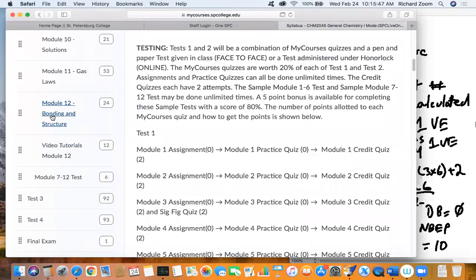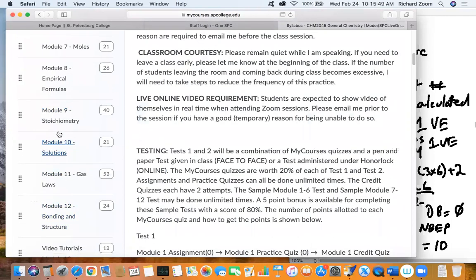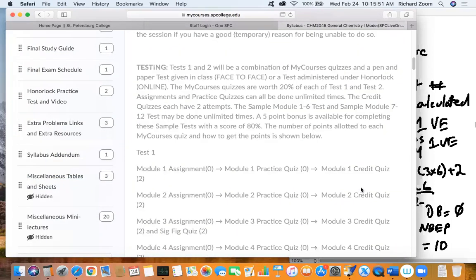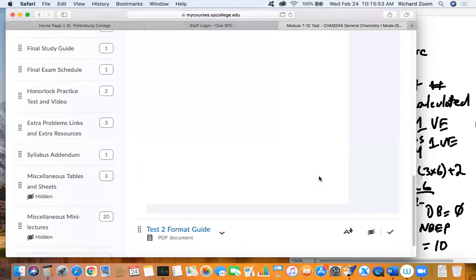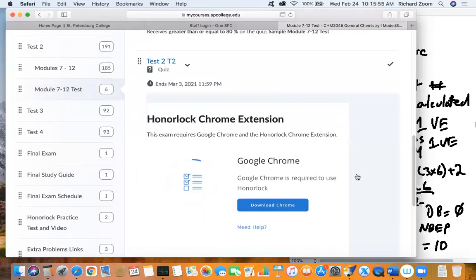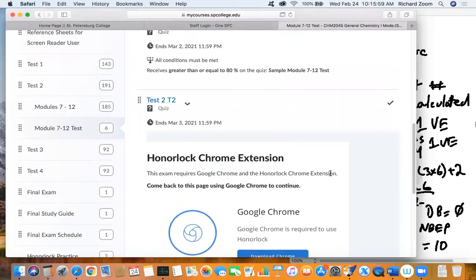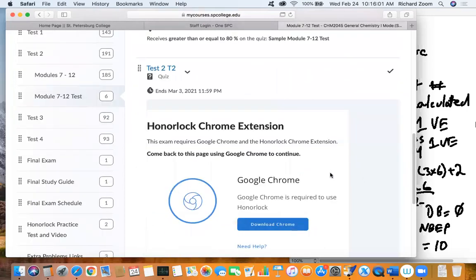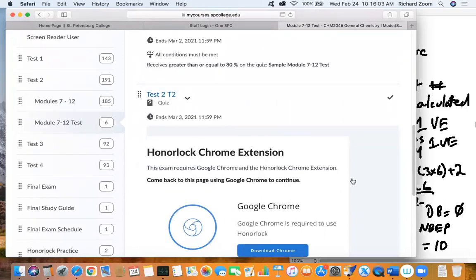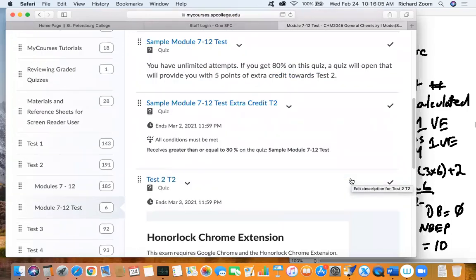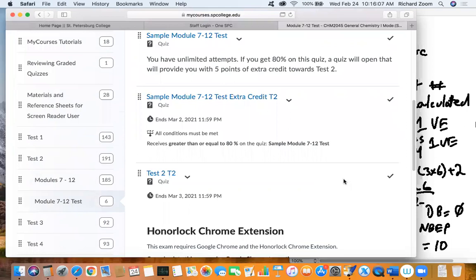Now, as it was with the previous test, only half the people here actually did the extra credit on test 1 in order to get that extra 5 points.